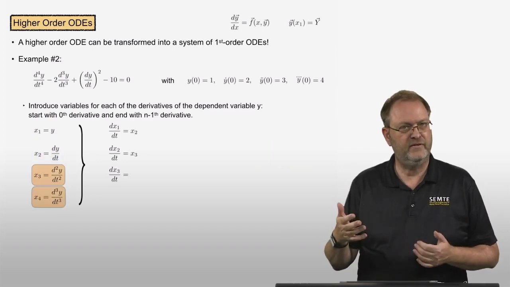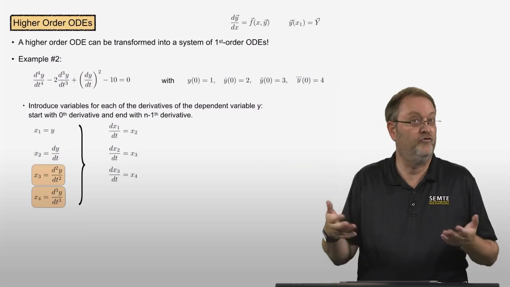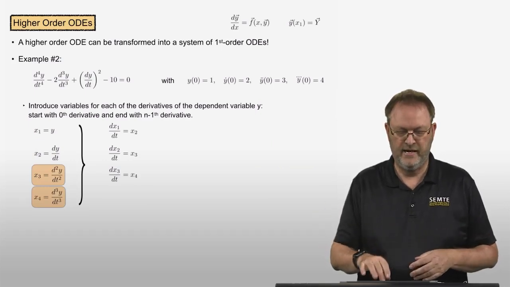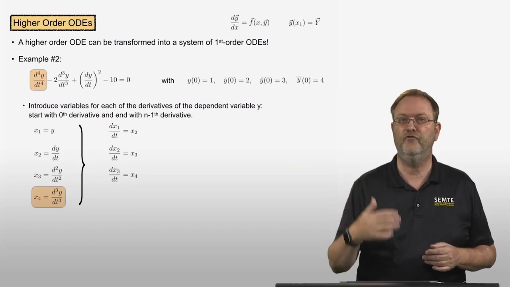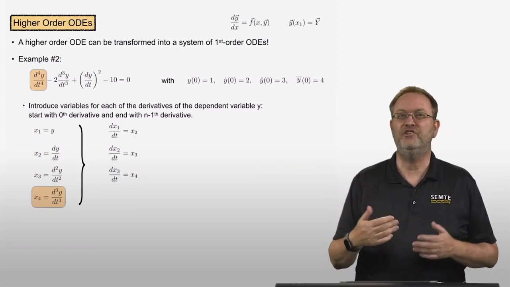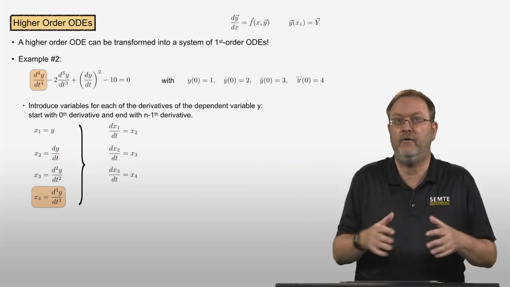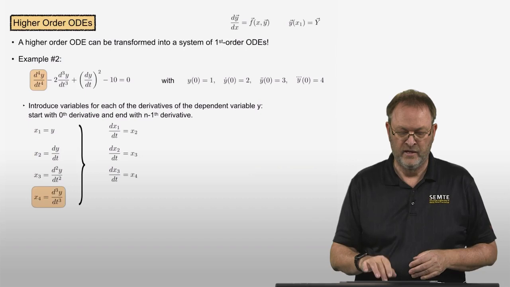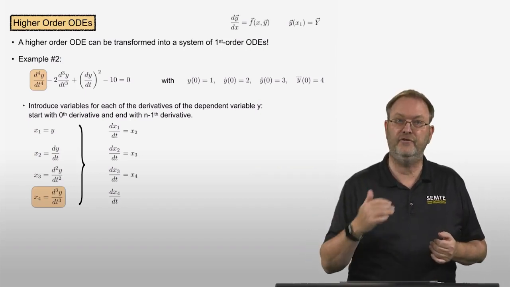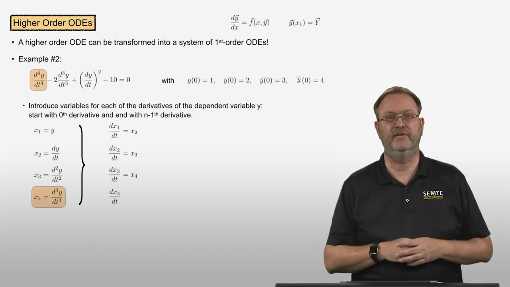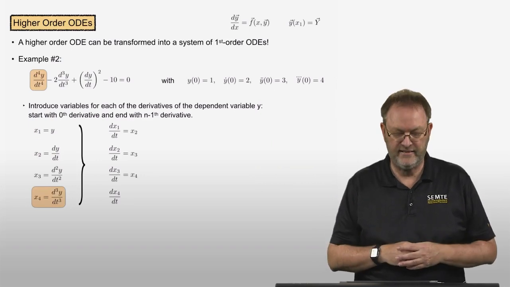If I take the derivative of the third variable with respect to time, I simply get the fourth variable. And now finally, if I take the derivative of the fourth variable, I should reach the highest derivative that I have in the ODE, and now I can use the ODE. So dx4 dt is d dt of the third derivative, that's the fourth derivative. And that's the term that appears up here in the ODE itself.